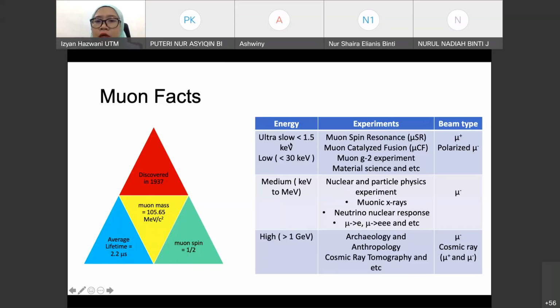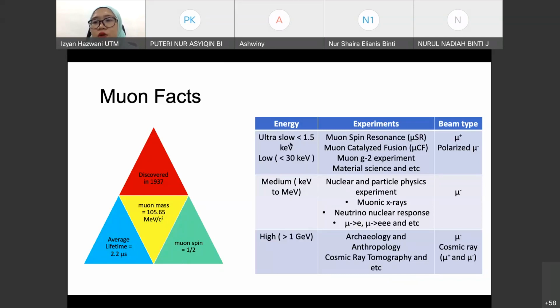There are actually several groups of muon capture experiments. We classify them by the energy of the muon used in the experiment. The one you need to know is that we have positive muons and also negative muons.